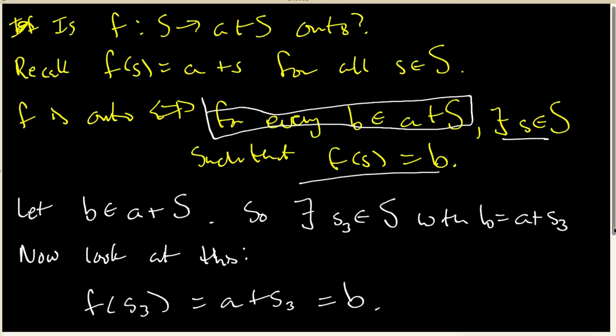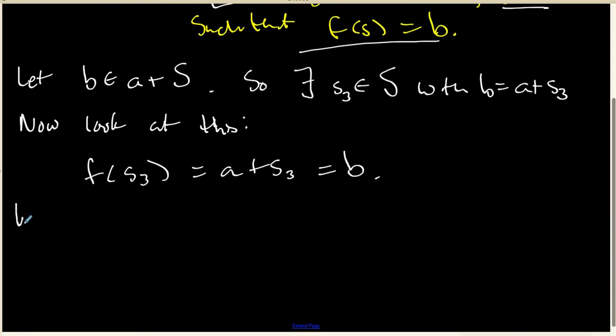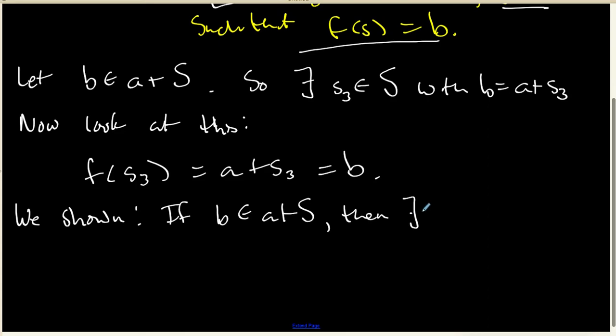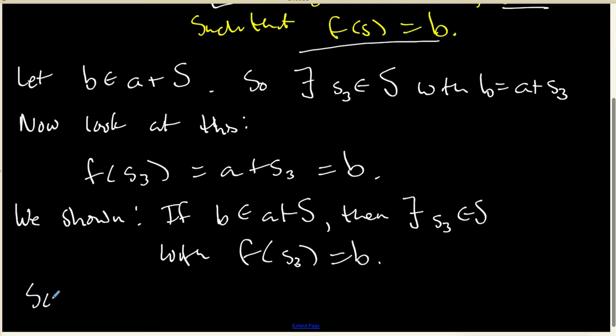And so what we actually have now done is we have shown that if I take any b inside the left coset, a plus capital S, then there is indeed somebody inside the domain of the function with f of that something being equal to b. And so my f function is now onto as well as one-to-one.